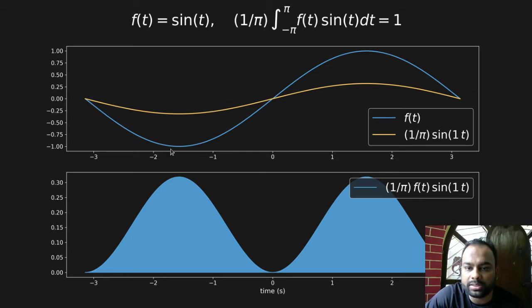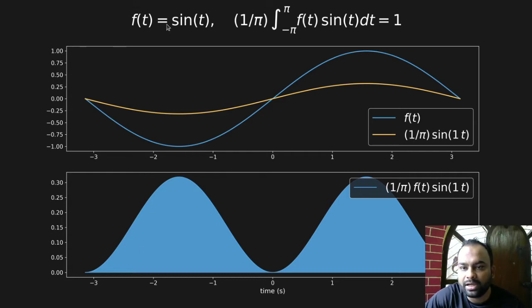So this blue line here is representative of this signal, which is sine t, and this yellow one here is 1 by pi sine 1t, so sine t again, and this one here is the product of them. So the figure down below is the product of them.